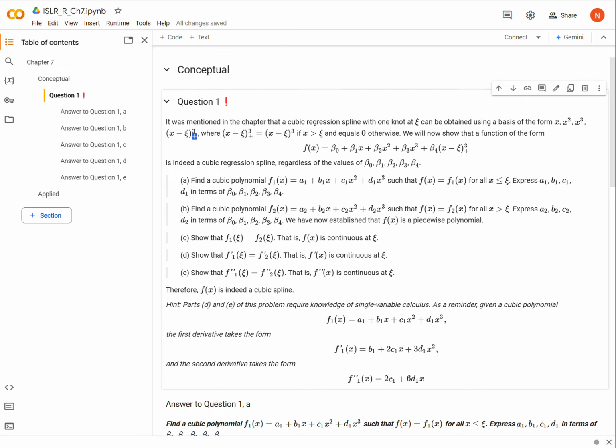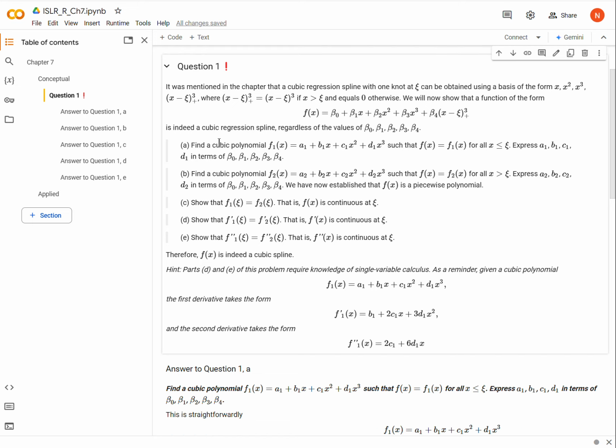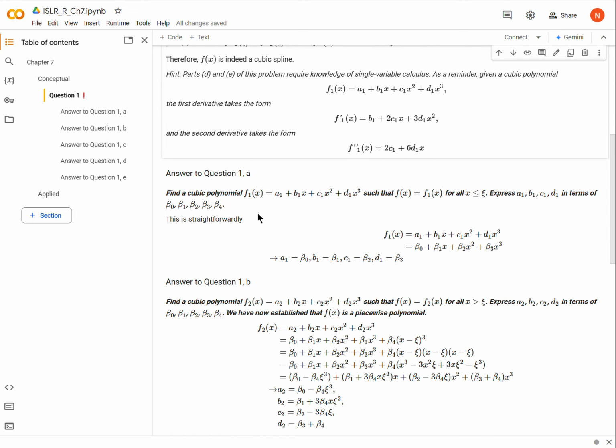Okay. So we're going to show that a function of this form is indeed a cubic regression spline, regardless of these values here. That's a mouthful, but we'll go through these questions one at a time, and that'll be good enough. So, part A.